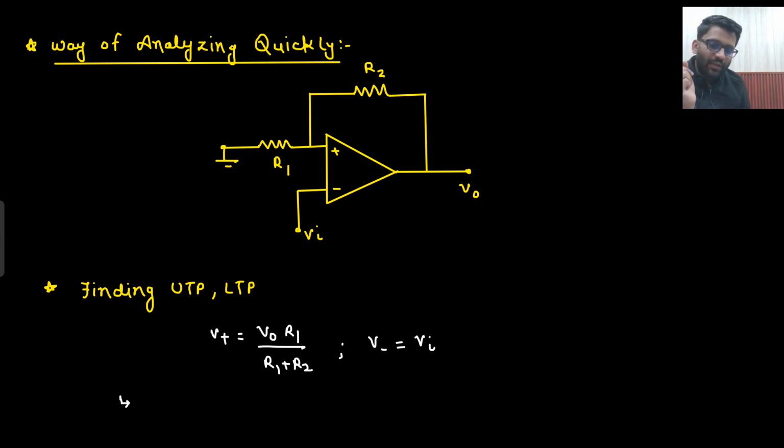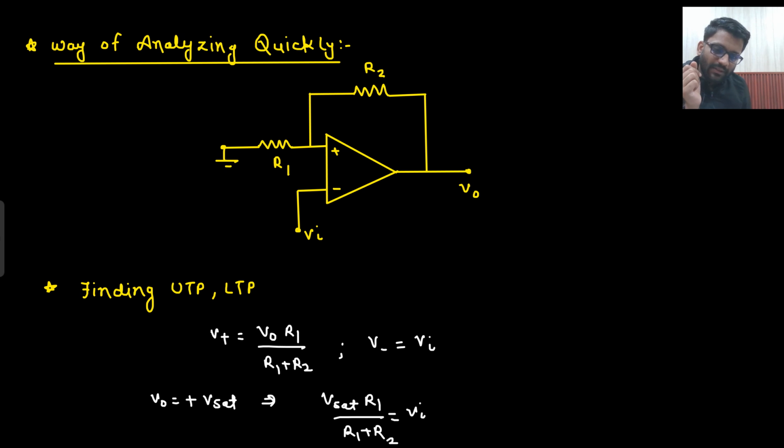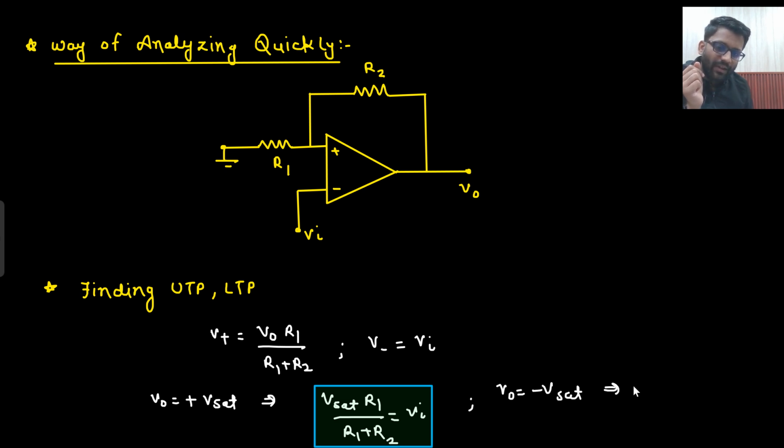So what I'm gonna do is that first I'm gonna assume output to be plus V set. So if I assume output to be plus V set, so V set into R1 upon R1 plus R2. This is the first value I am getting. Secondly, I'm gonna assume output to be minus V set. So here what I will get?